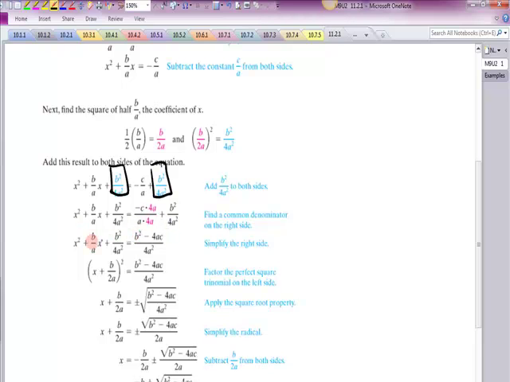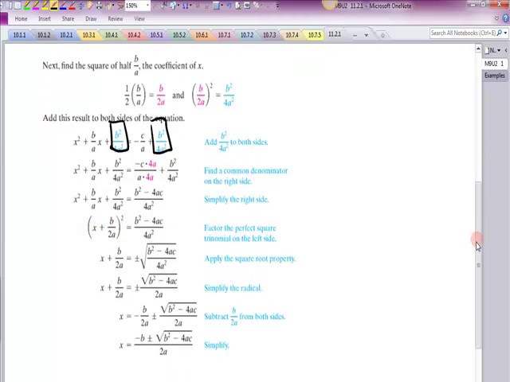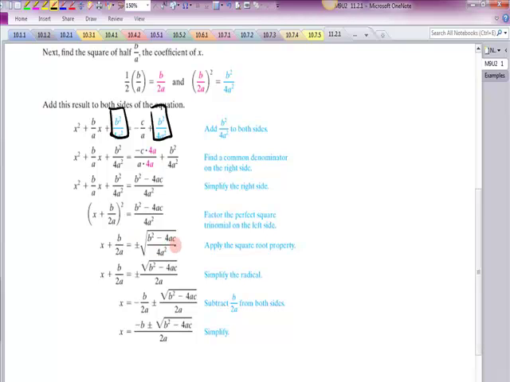Then we rewrite this as factors, a binomial squared. We use the square root property. Then I ask, can you simplify? The answer is yes, you can simplify the denominator.